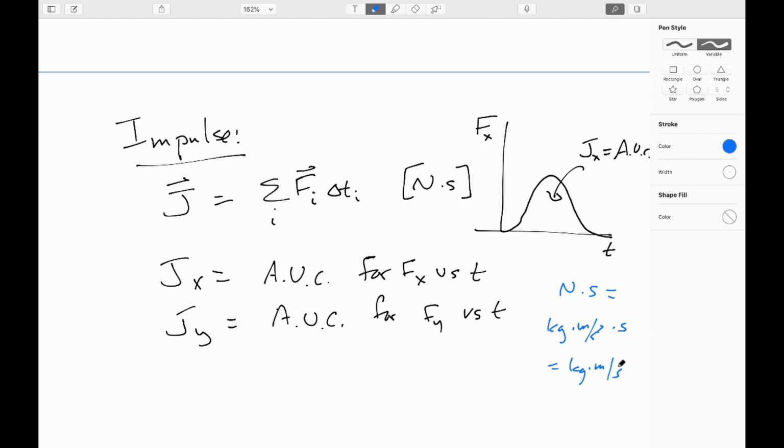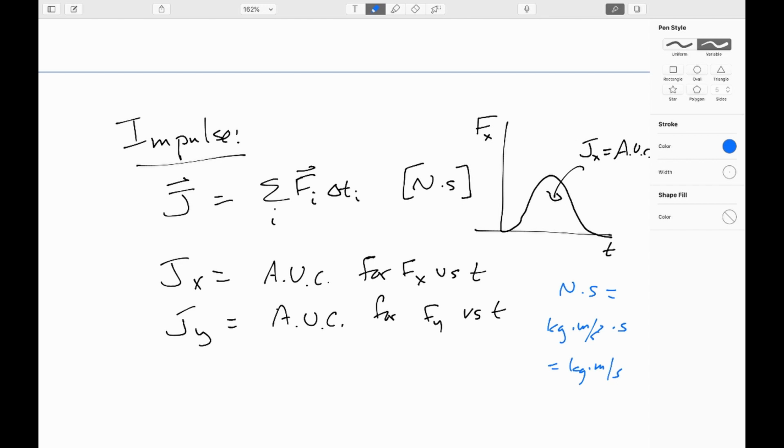Usually we'll write impulse as newton seconds just so that we know we're dealing with an impulse, and we'll write momentum as kilogram meters per second just so we know we're talking about a momentum. This is a slightly less fussy thing than other times when we intentionally write units differently.